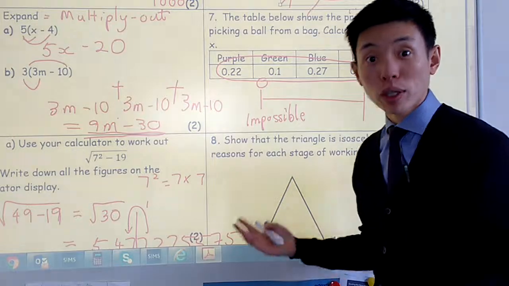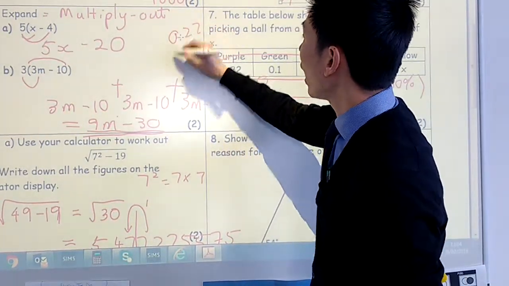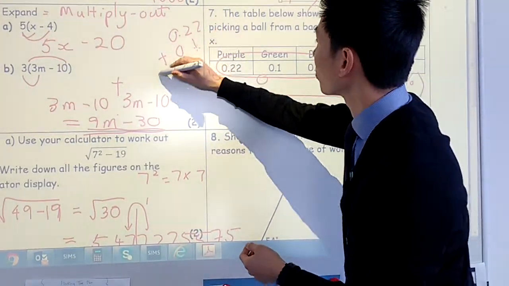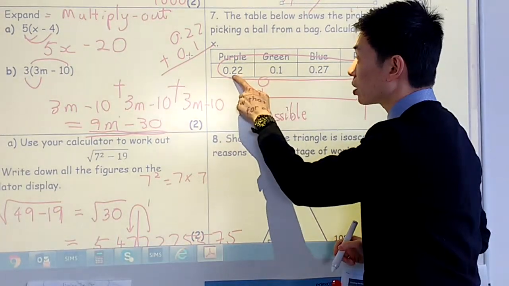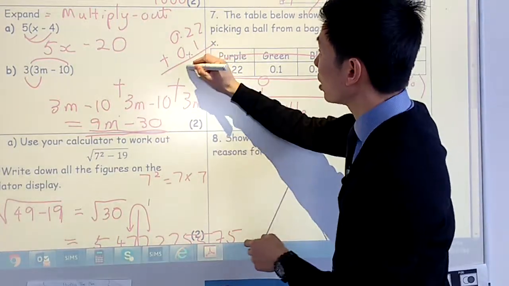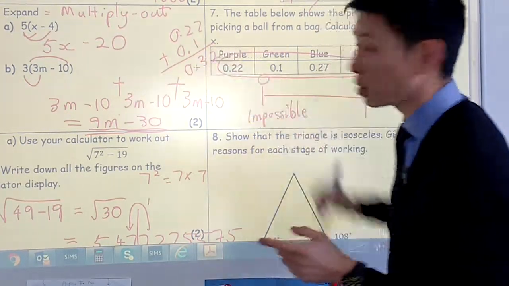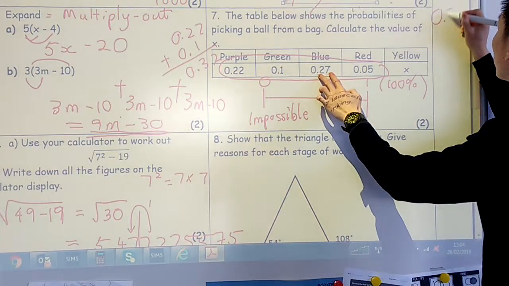Quite surprisingly, lots of people got this wrong by doing 0.22 add 0.1. They wrote 0.23. Now, if you recall, 0.22 using column method, 0.1. See, this is the tenths, so it's the tenths that is 3, not the hundredths. So it's actually 0.32. 0.32, 0.27.